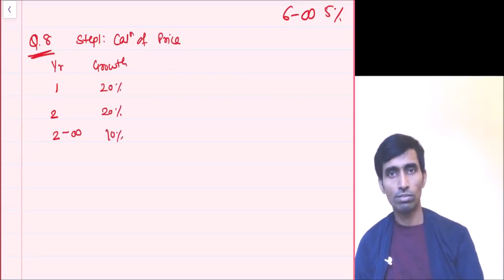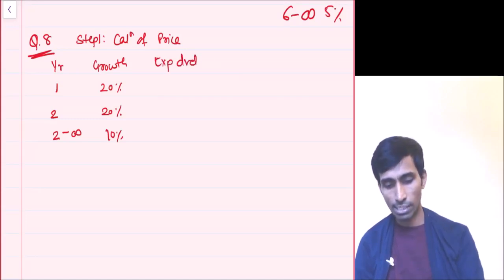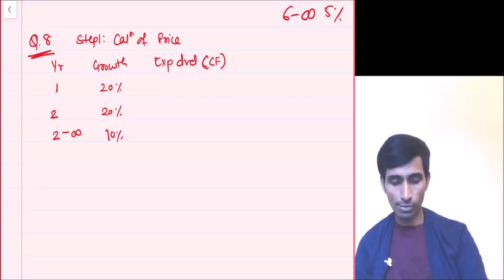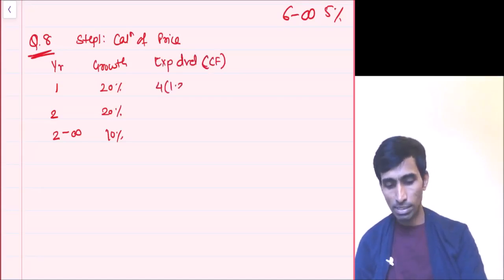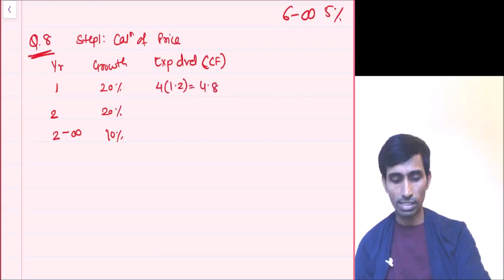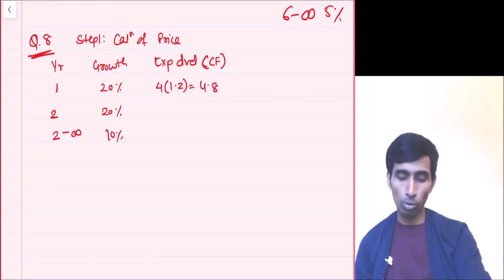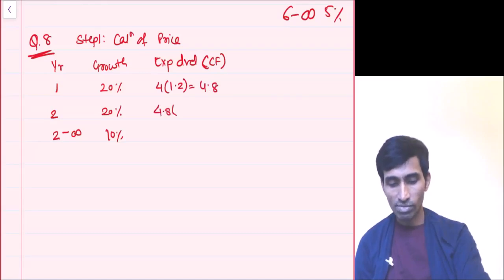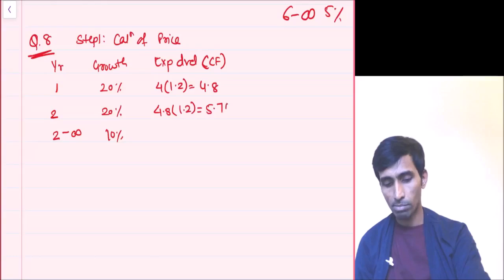This is my growth. Expected dividend is my cash flow. Currently the dividend is 4. It will grow by 20%, so the answer is 4.8. Then 4.8 will grow by 20%, so the answer will be 5.76.